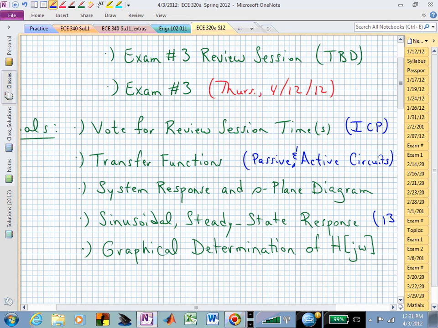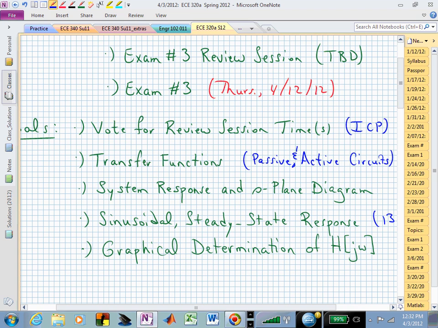Then we will go through some transfer function discussion, deriving H of S's, our transfer functions for passive and active circuits. And that will get us, I hope, up and running, and it will be helpful for your last homework problem that's due on Thursday, I believe. I hope that discussion will help you in that regard.